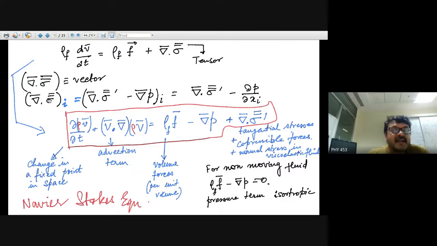So if you want to write any one component of the divergence of the stress tensor, this is a vector and we are writing this as a divergence of sigma dash minus grad p. Grad p is a vector. You can take the ith component, right? So this is how it can be written down.